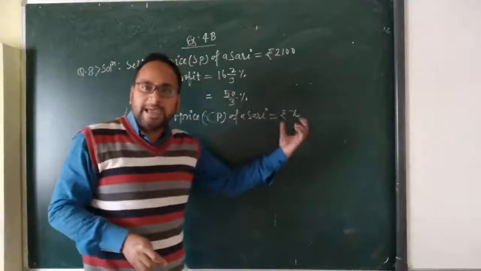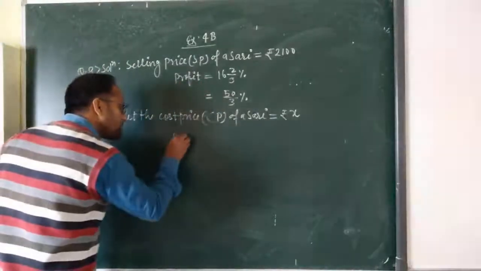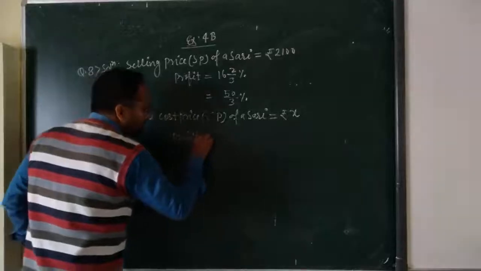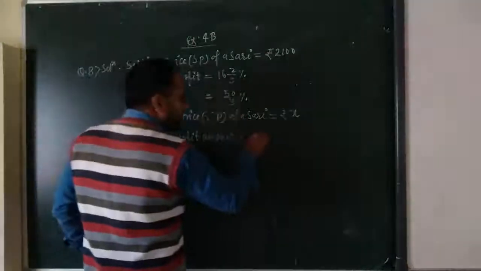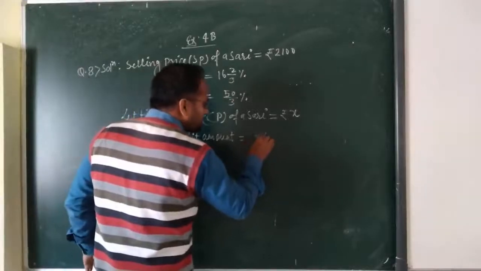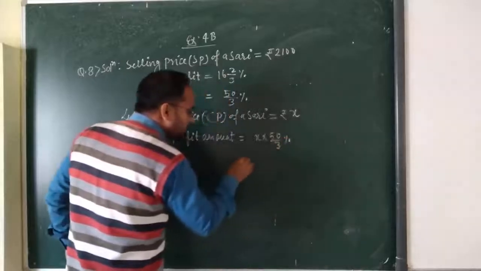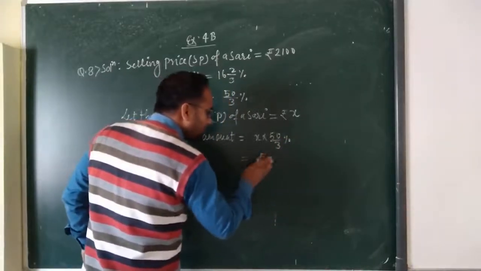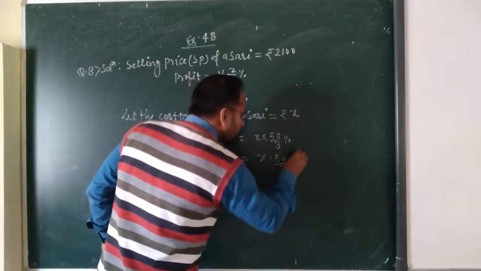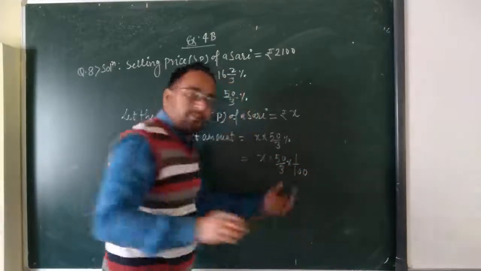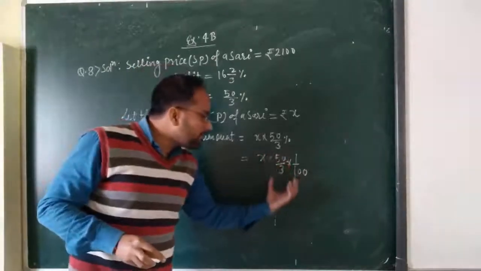Now the profit amount is equal to X of 50 by 3%. If you remove this percent, then X multiplied by 50 upon 3. If you remove the percent, you will multiply by 1 upon 100, or simply you will divide by 100.